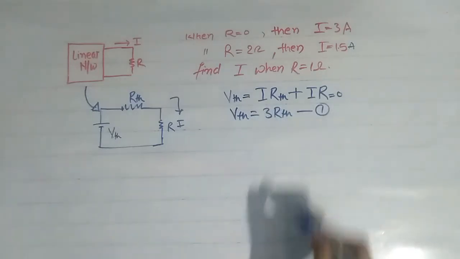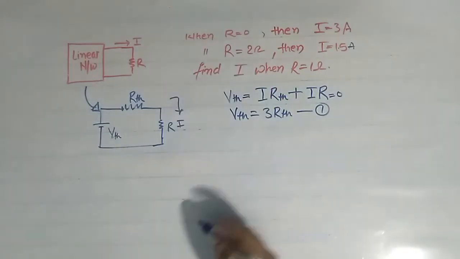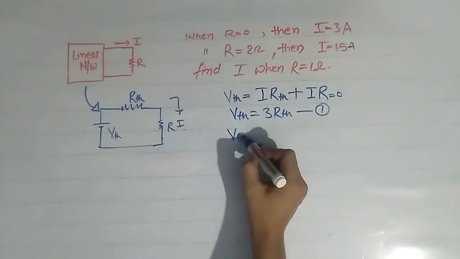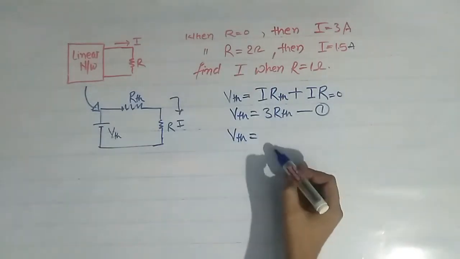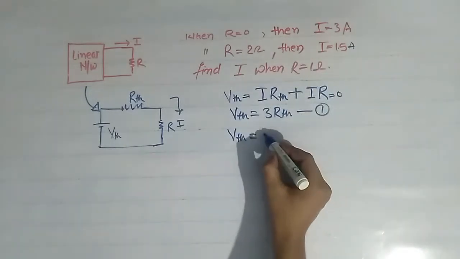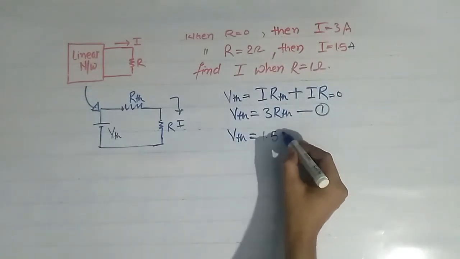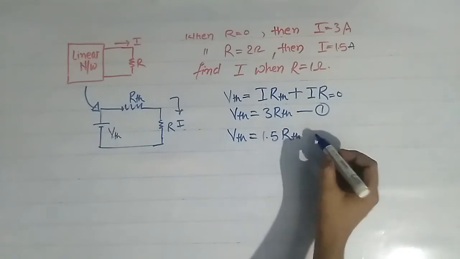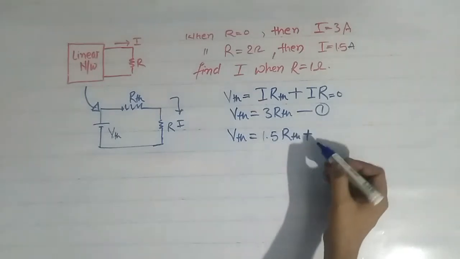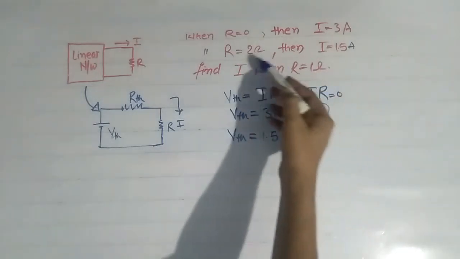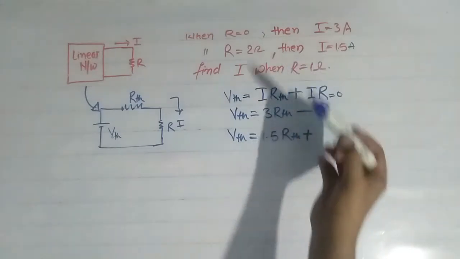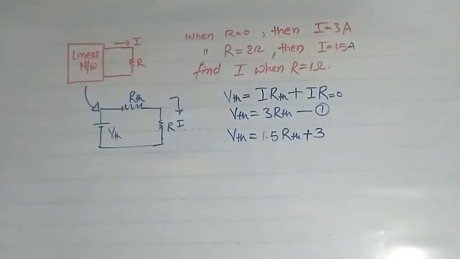This is first. And when resistance is 2 ohm, it means this R is 2 ohm, then current is 1.5. So we can write VTH is equal to 1.5 RTH plus, R is 2 ohm and I is 1.5, so we can write 3.